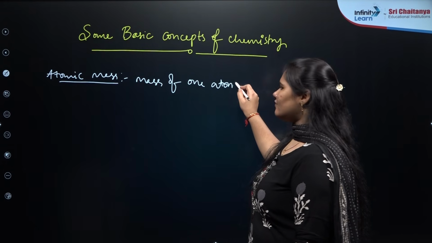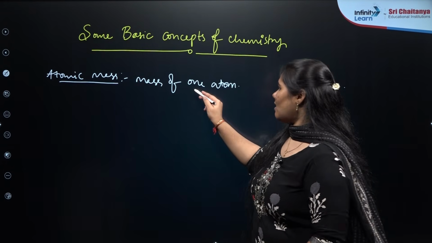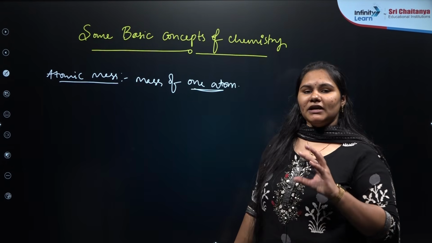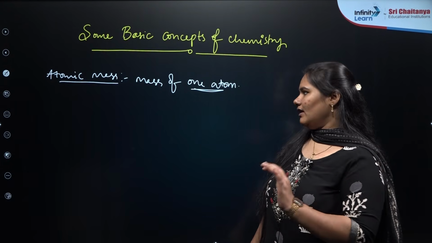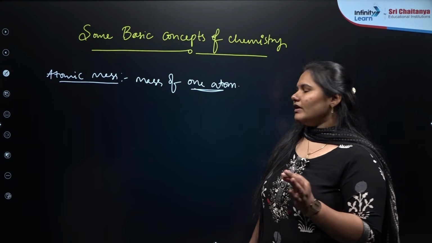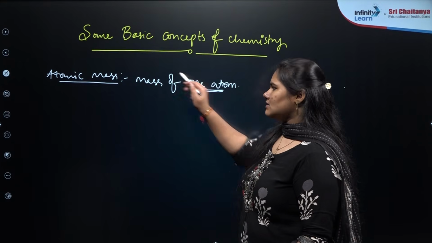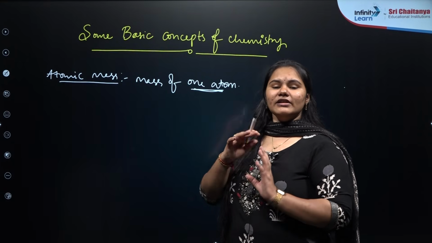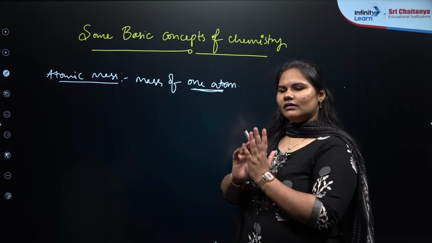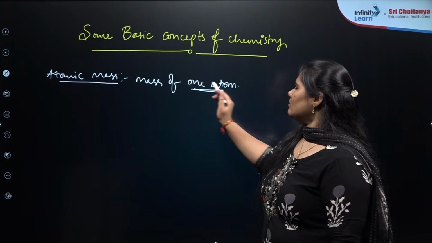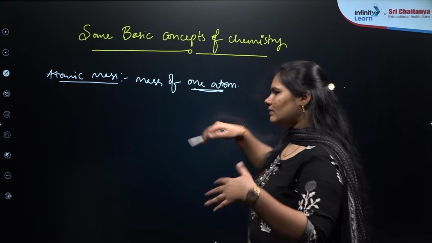We have to specify this, because depending on how many atoms we are taking, the terms will vary. If we are specifically taking the mass of one atom, that is called atomic mass. After discussing molar mass, you will get more clarity on this. Atomic mass is the mass of an atom, and we will discuss units later.